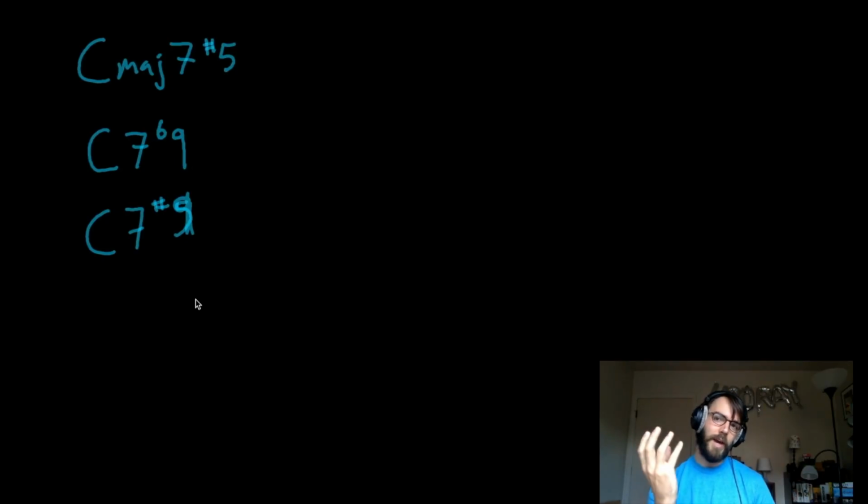And if it's something that you haven't seen, likely what you're seeing is going to be a modification to something. So if you haven't ever seen a sharp 5, but you've seen C major 7, well, it's kind of self-explanatory. It's a C major 7 chord with a sharp 5 to it. And you can add multiple alterations. You can do flat 9, flat 13, or whatever, right? You can add as many things as you can conceivably alter in any given chord.